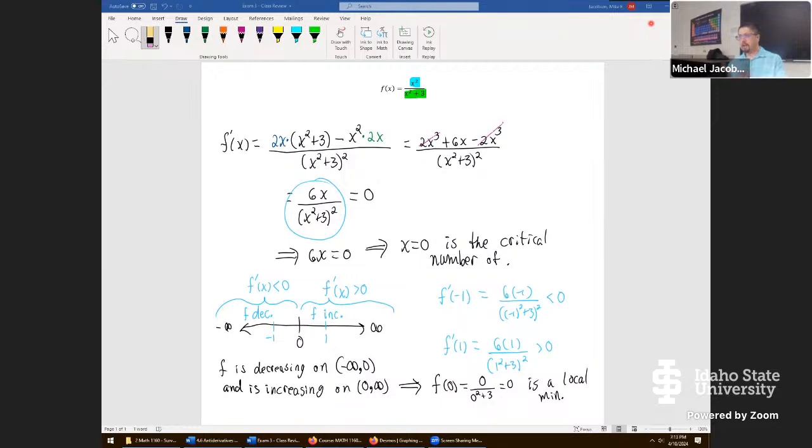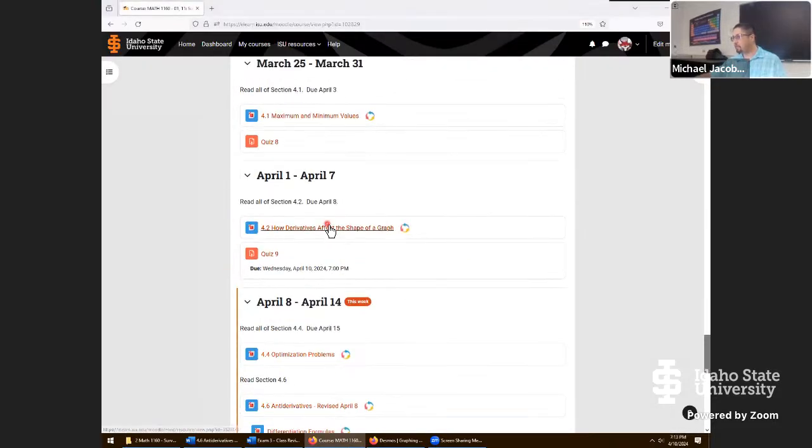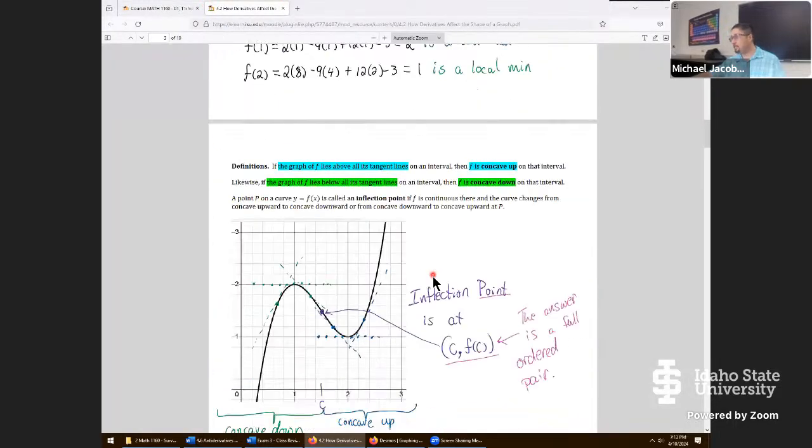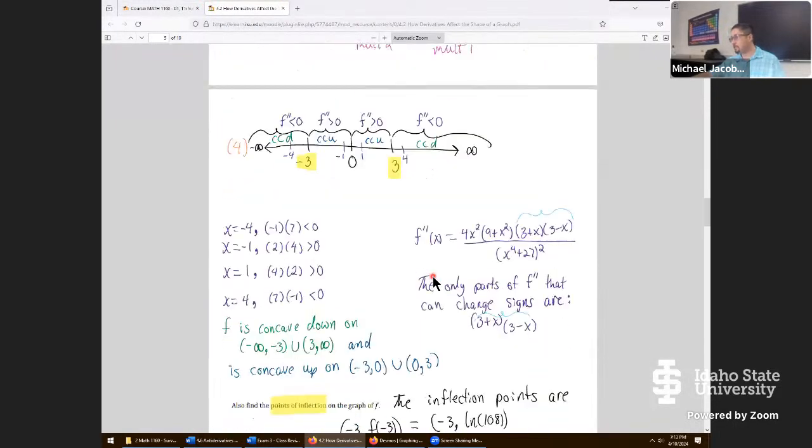I might have been thinking that sometimes when you get a critical number of 0, the thing that's tough about that is 0 is usually your natural choice for a test value, but it's now been eliminated. I think that might have been 4.2.